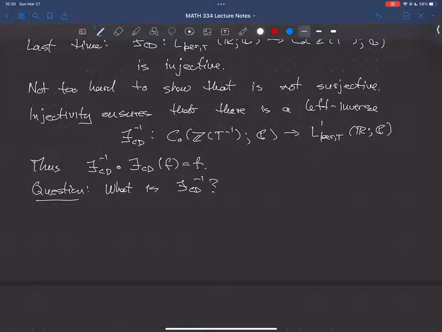Now, if you look back at our initial heuristic discussion about the CDFT and all of the transforms, there's an obvious guess here.